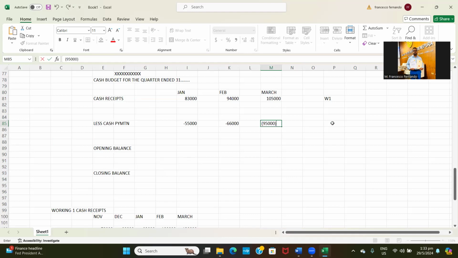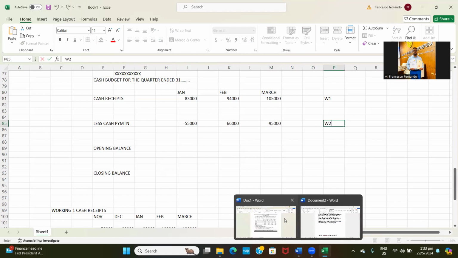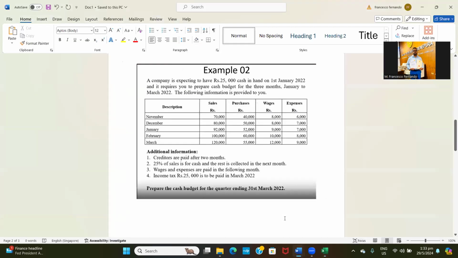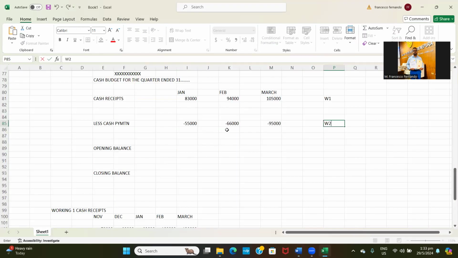So this came from working number 2. And finally the question says there was an opening balance of 25,000 cash in hand on 1st January 2022. So in January month, opening balance is 25,000.